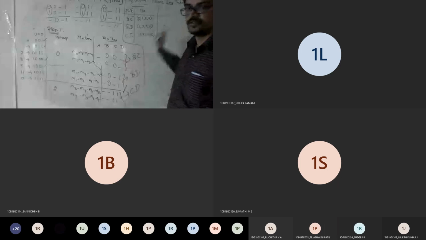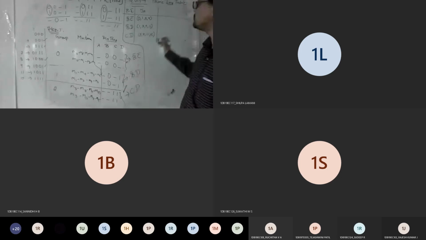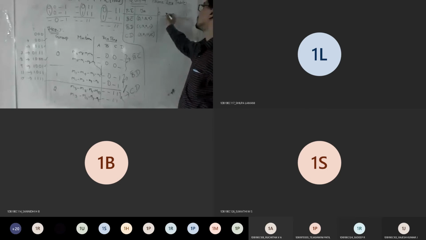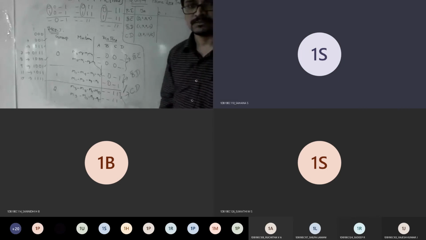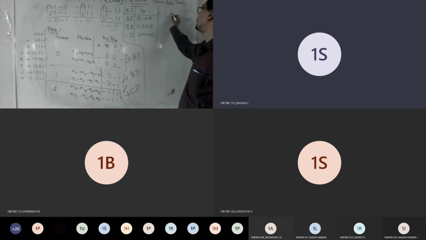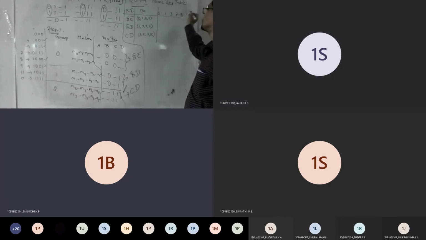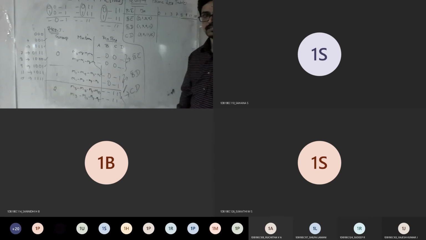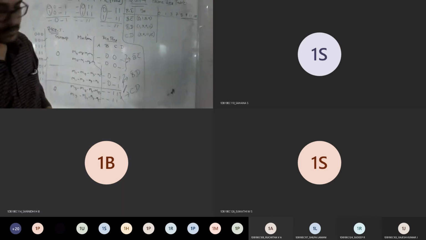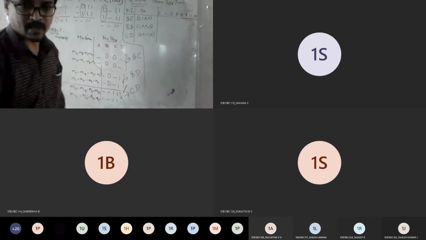That number should be written here. So what were the numbers they gave in the question for min terms? 0, 1, 3, 4, 7, 8, 9, 11, 15. So this is what we have written from the question. Is it visible what is written on the board, the last part, everyone?